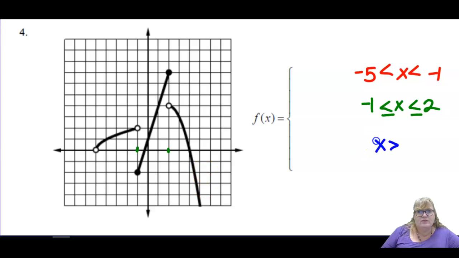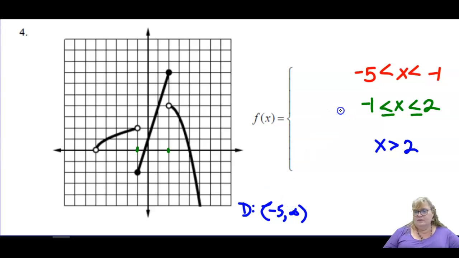So x is greater than 2, and it has an open circle where that last piece starts, so I'm going to leave it just a greater than. The domain is continuous, but only from -5 to the right. So if we were doing the domain, this one would be parenthesis -5 to the right.